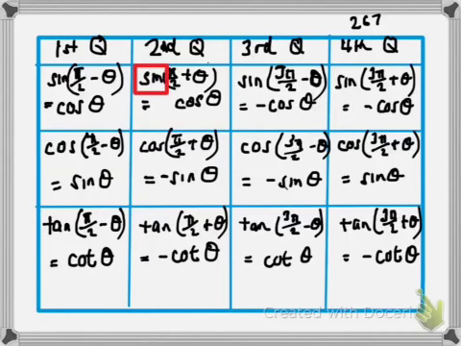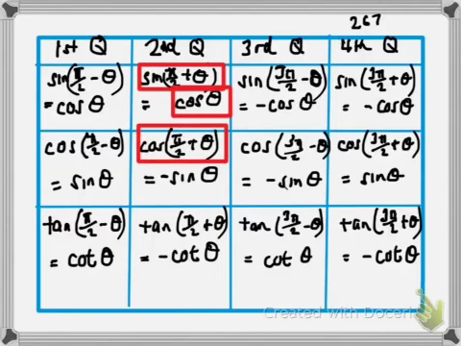So its equivalent value, sine 90 plus an angle, is the same as cosine of that angle, and since sine is positive in the second quadrant, it's a positive value. Cosine in the second quadrant is negative. So cosine 90 plus theta is the same as negative sine theta.